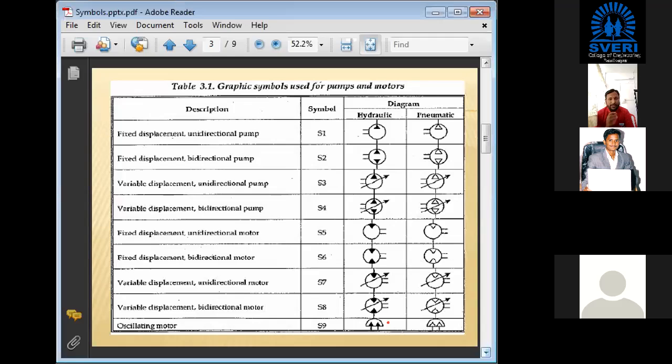These are the graphical symbols which are used for your pumps and motors.